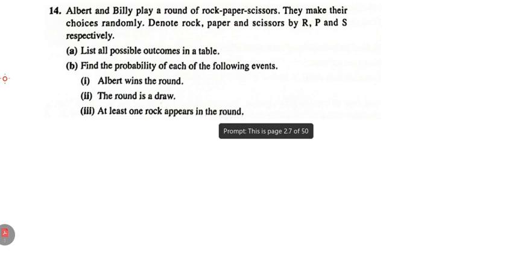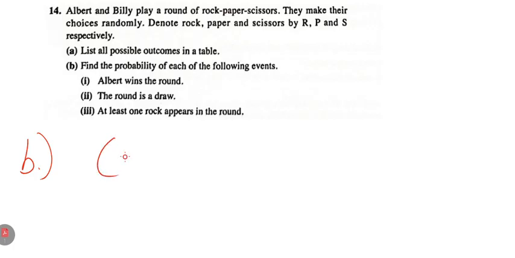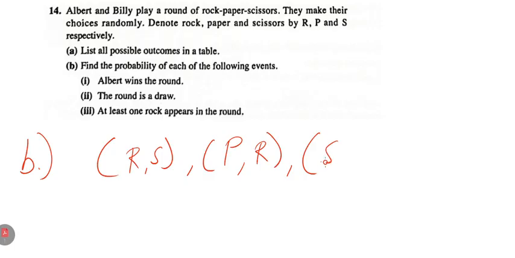Let's write down Albert's choices for B, in which Albert wins: rock and scissors, paper and rock, and scissors and paper. Those are 3.